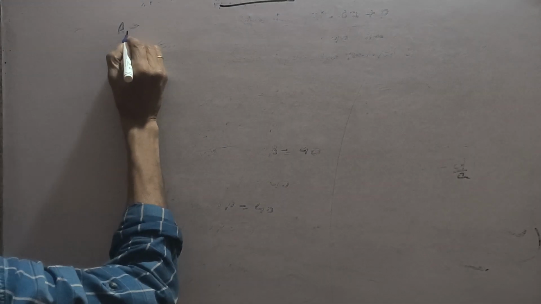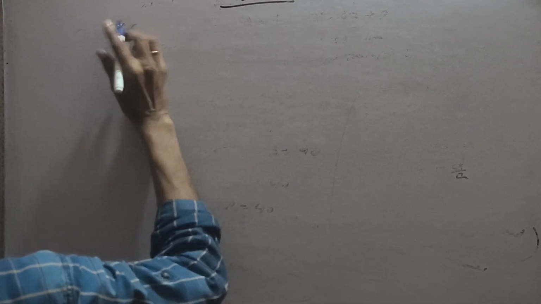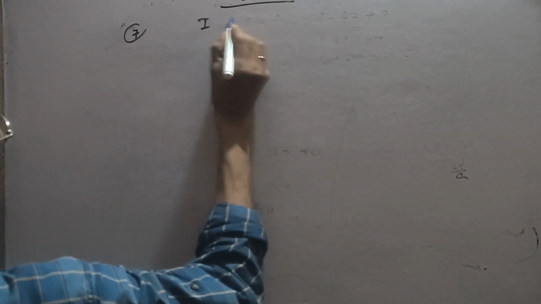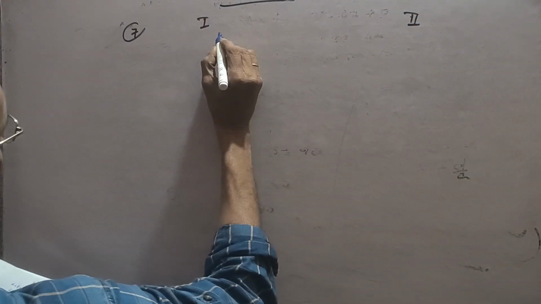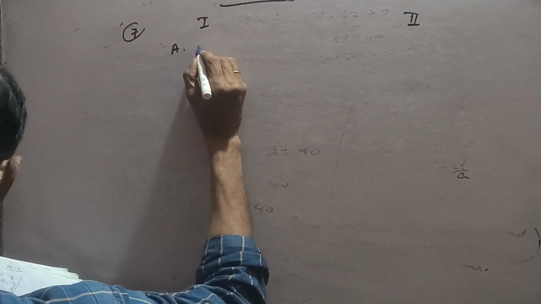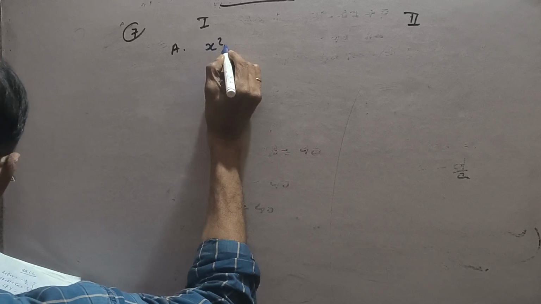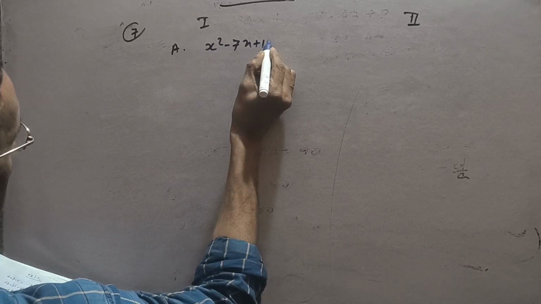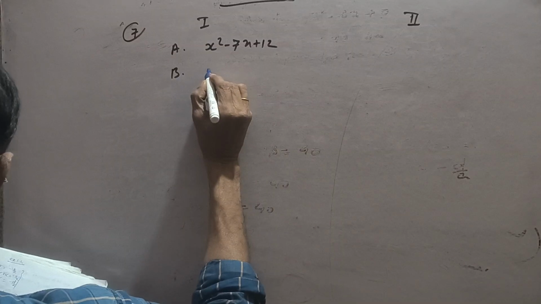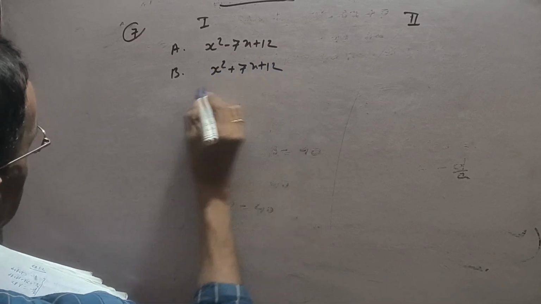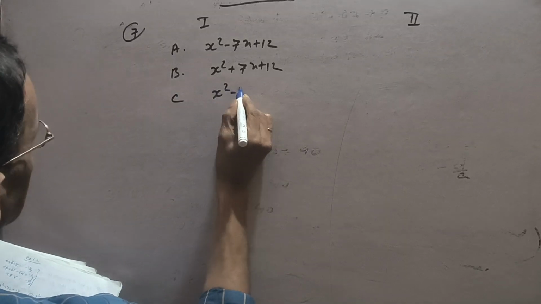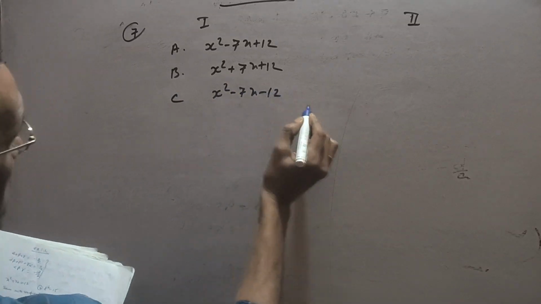Now number 7. See, number 7. They have given column 1 and column 2. In column 1, there are quadratic polynomials: A, x square minus 7x plus 12; B, x square plus 7x plus 12; C, x square minus 7x minus 12.